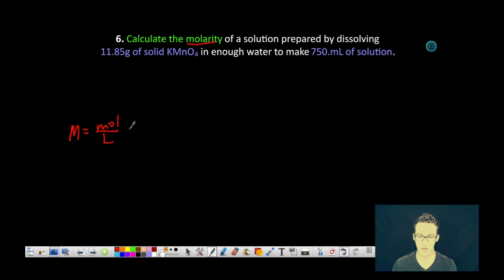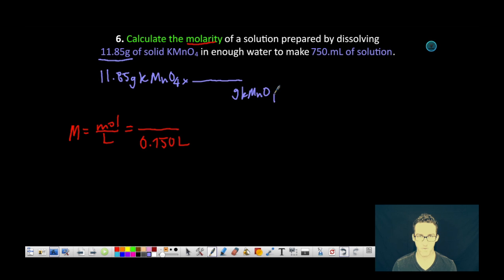I can slip in the volume in milliliters here pretty easily, making sure to convert it to liters in my head to 0.750 liters. To get the number of moles from the mass in grams, we're going to take the 11.85 grams of potassium permanganate and use our amazing dimensional analysis skills, KMnO4, to convert to moles.